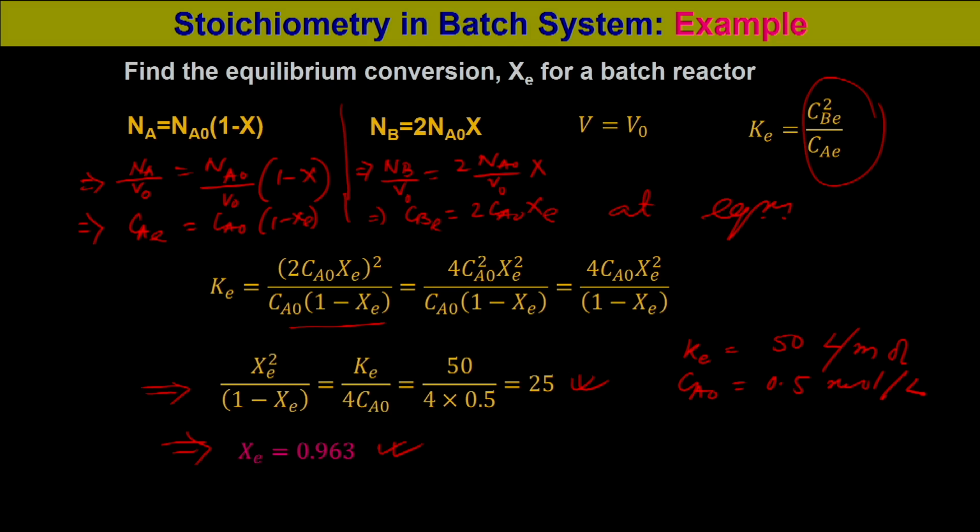So this is how we can solve using the stoichiometric table. With a systematic approach, we can solve different reactor problems very easily. In our next lecture, we will start with the flow system. So thank you for hearing this lecture, and we will continue our discussion in the next lecture.